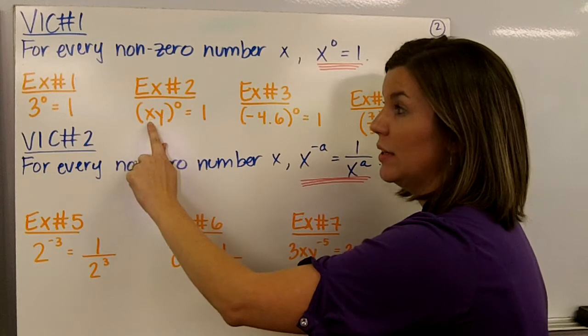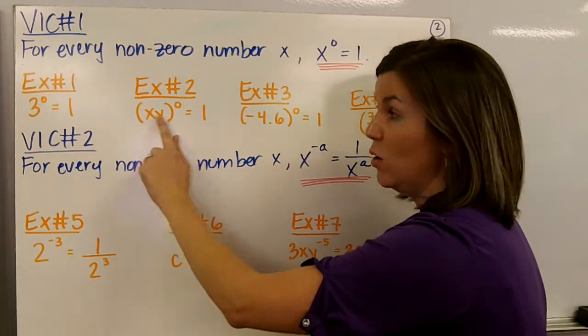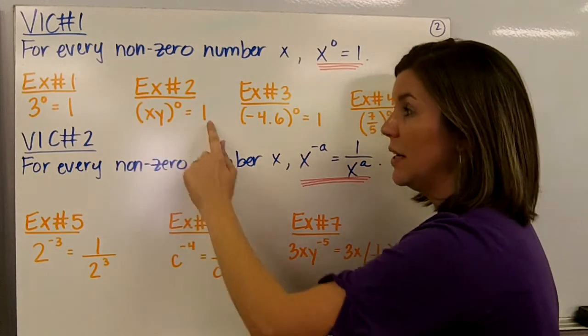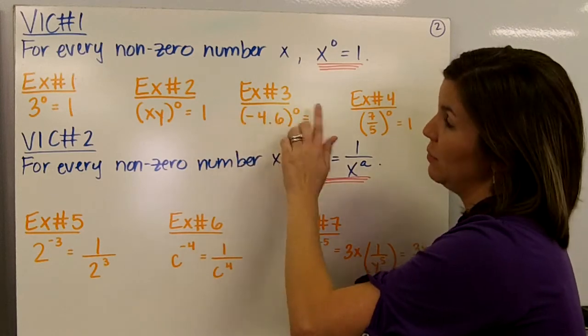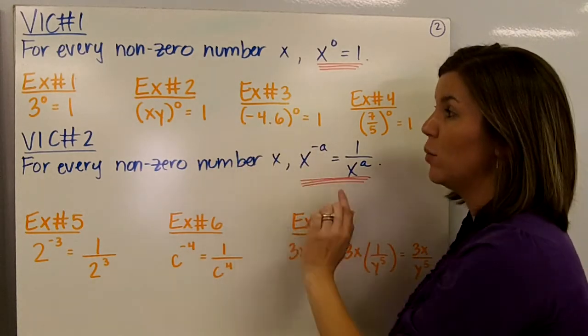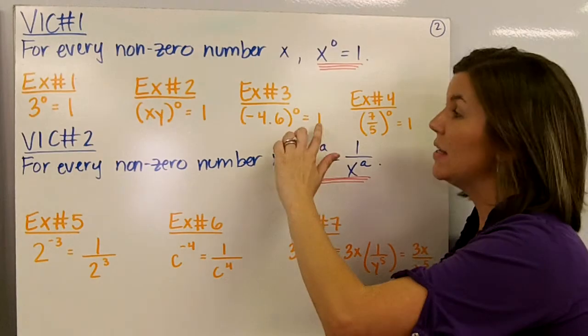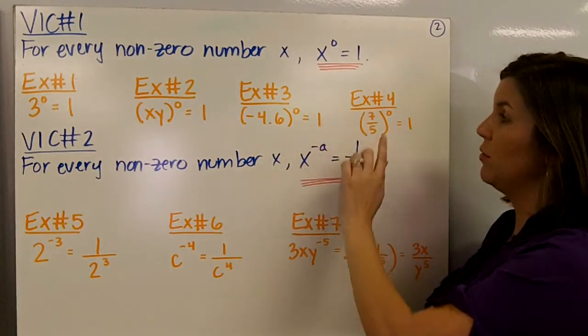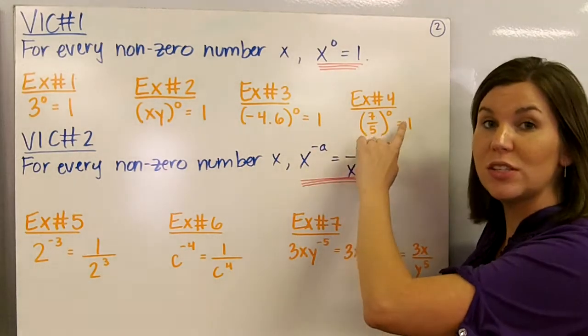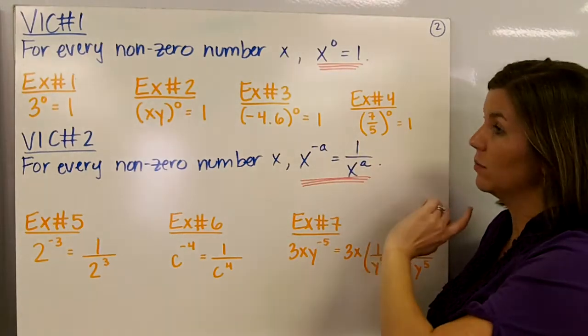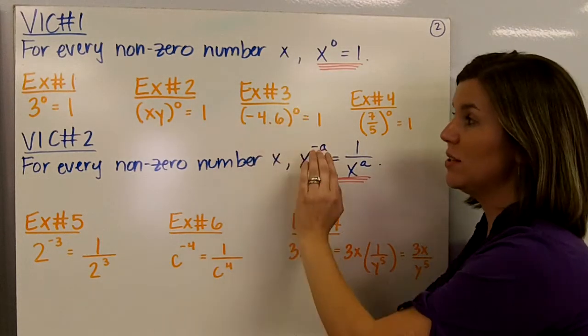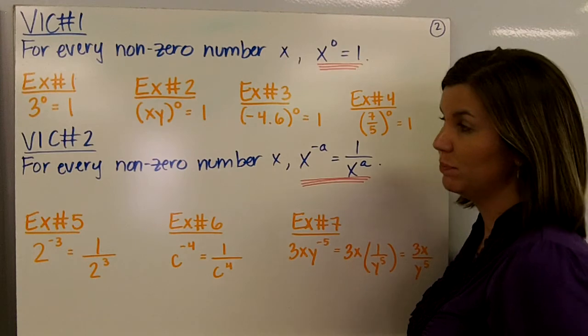Example number 2, x times y, that quantity, to the 0 power is 1. Example number 3, negative 4.6 to the 0 power is 1. Example number 4, 7/5 to the 0 power is 1. Any number raised to the 0 power is 1.